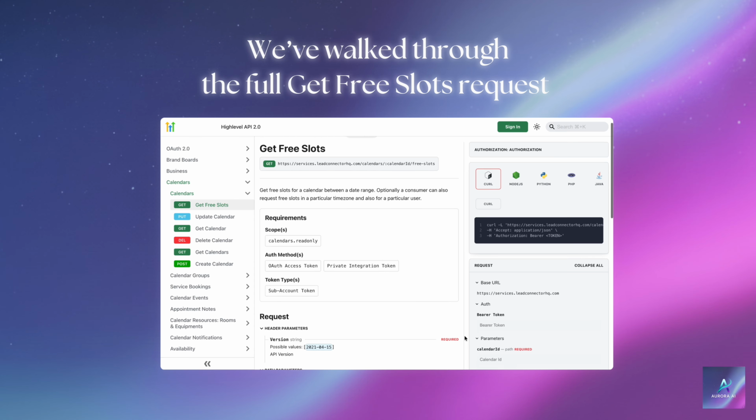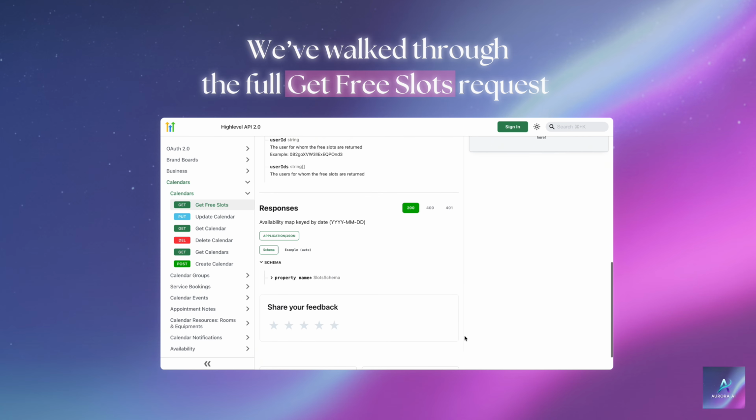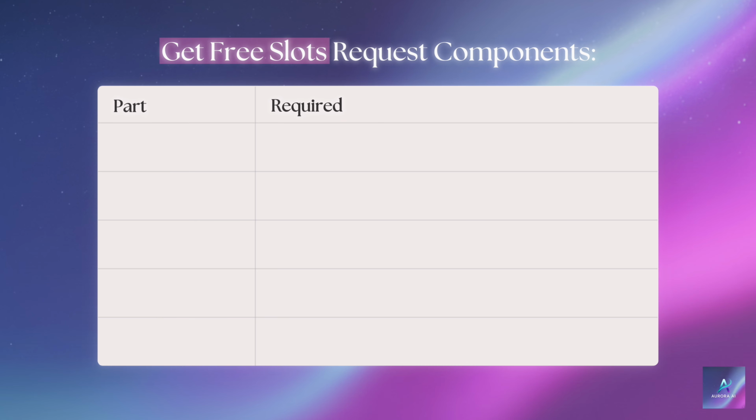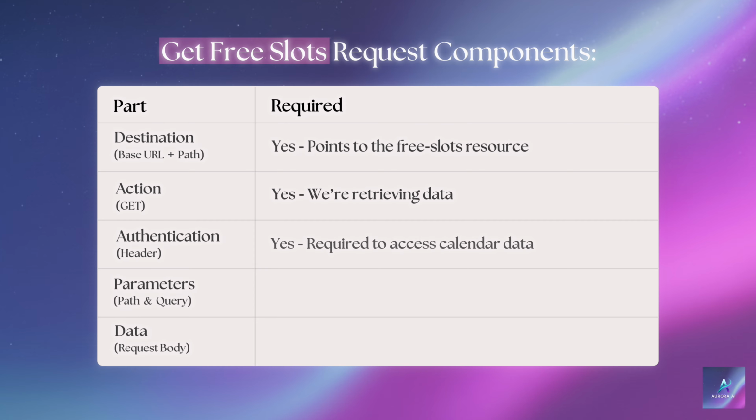Now that we've walked through Get Free Slots, let's zoom out and map it back to the 5-part model. In this table, you can see exactly how this request lines up. The destination is required because it points to the free slots resource. The action is GET, since we're retrieving data, not creating anything. Authentication is required to access calendar data.